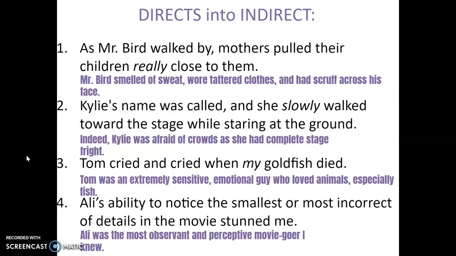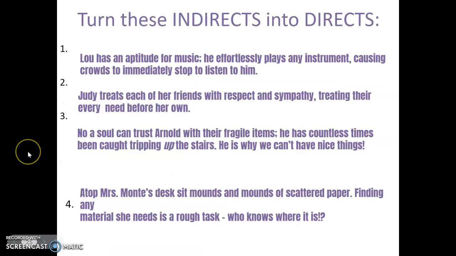All right, so these might be some examples of indirect characterization that you might have used. Take a moment and just look at the differences between the first example and the second. All right, now we're going to do the opposite. So I gave you indirect characterization, where you have to infer. We use the STEELE method of characterization.